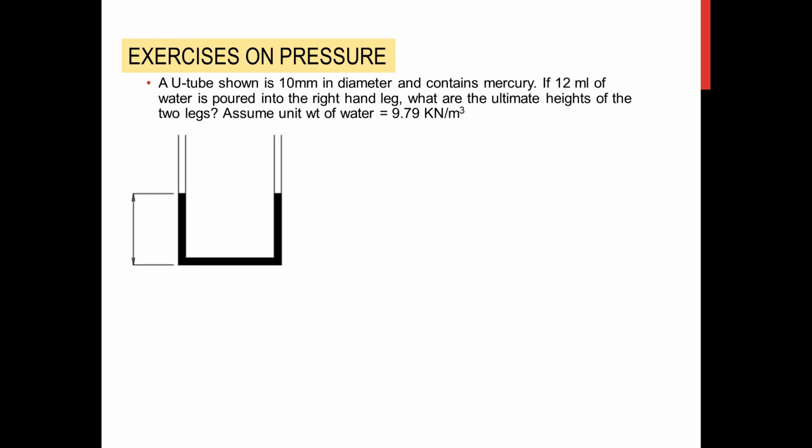As a general rule, when we have the same liquid involved in a pipe, always the liquid surface on both ends will have the same level. So in this case, the filled U-tube with the mercury is having a head of 120 millimeters.